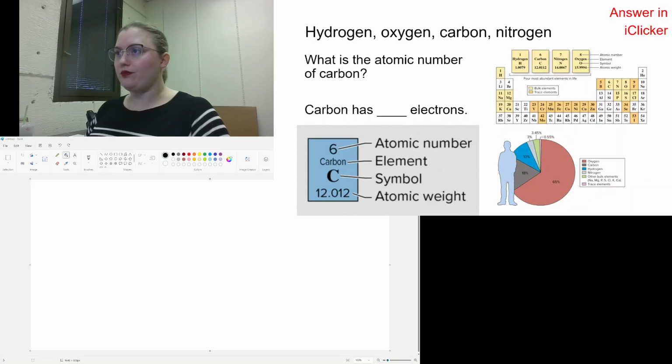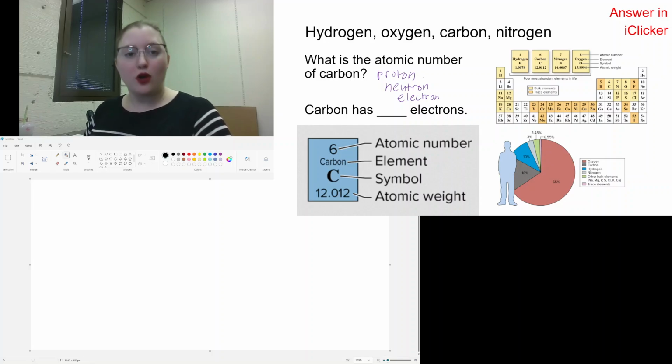Now, there are 3 parts to an atom. There's the proton, the neutron, and the electron. And typically in any given atom, the protons and electrons are present in the same quantities.